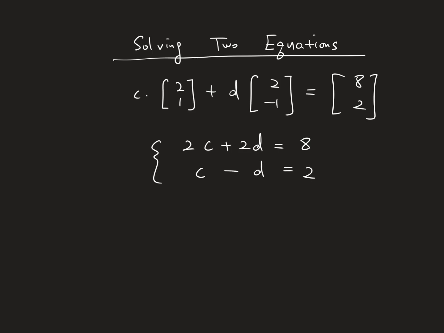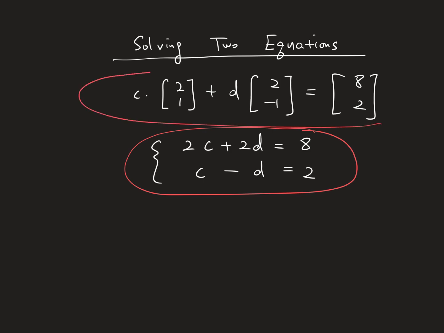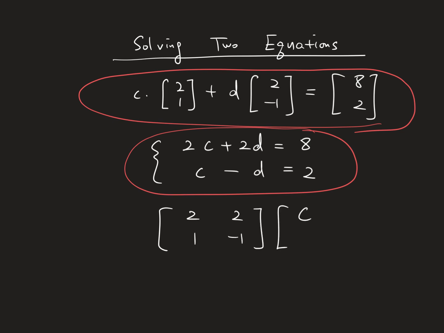So you can write this system of equations like this, or you can write this system of equations like this. Because if we use a matrix notation, then we can write this equation like 2, 1 and 2, minus 1, c, d, and 8, 2.